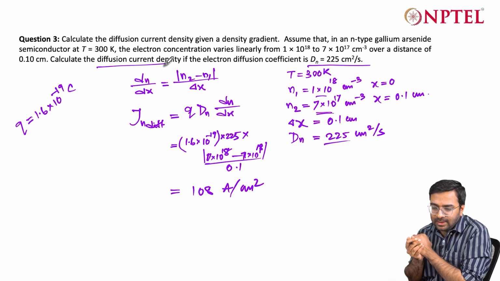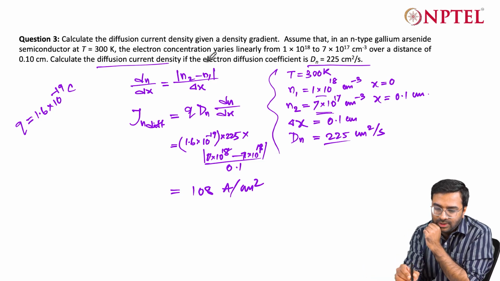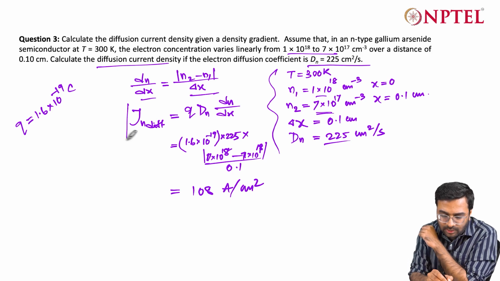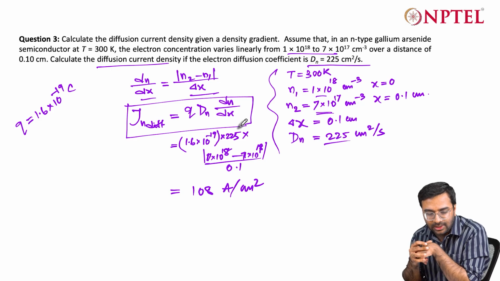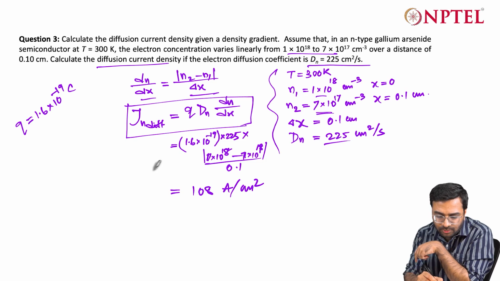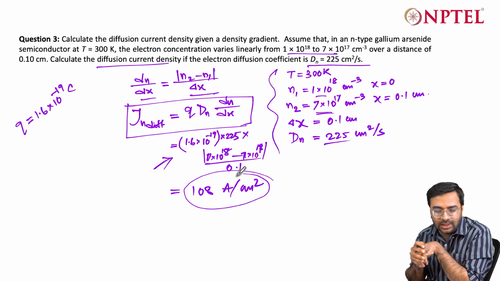So, in this case, first we have these values, and then because it is already said that the concentration varies linearly, your dn/dx value is this, and the equation for diffusion current we have already seen in the lectures: the diffusion current is q Dn dn/dx, and we just put in the values, and ultimately we get the current density from this problem.